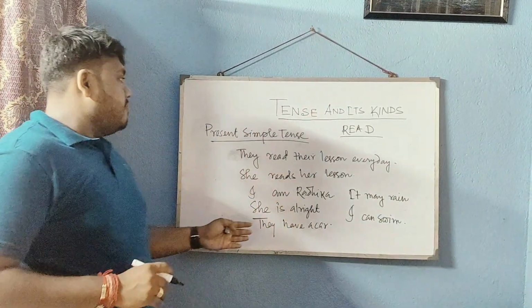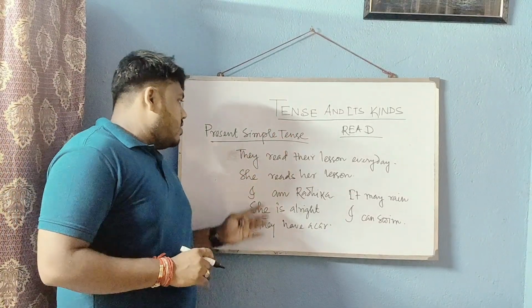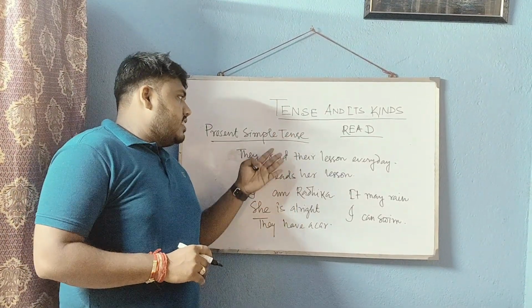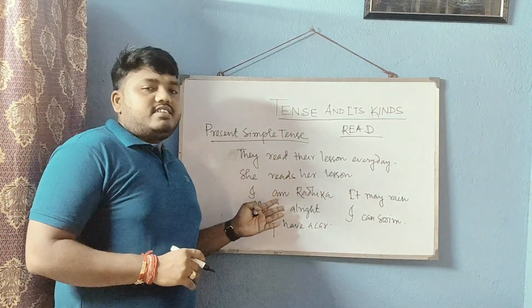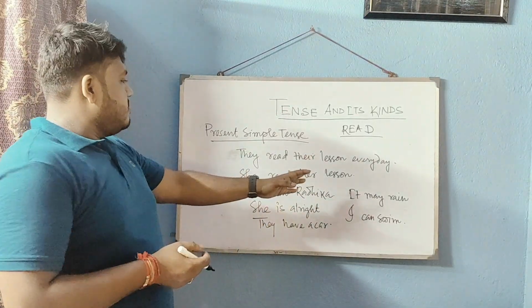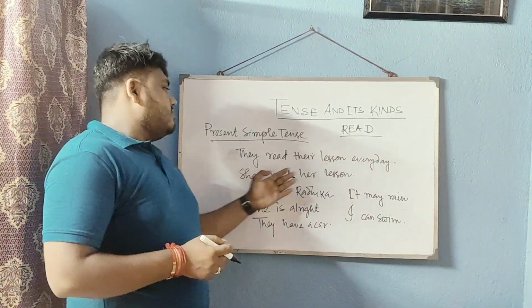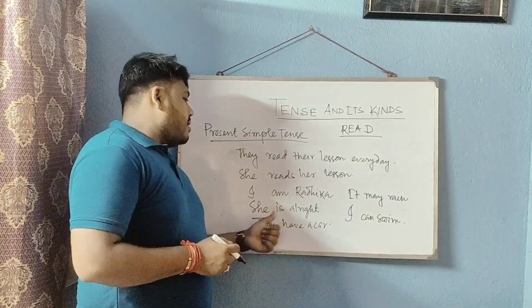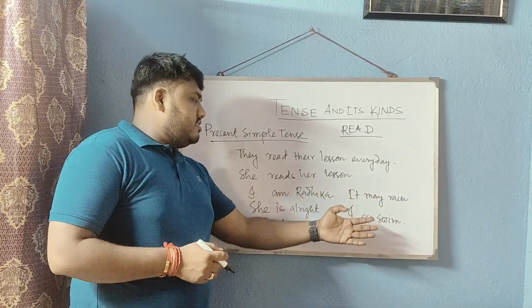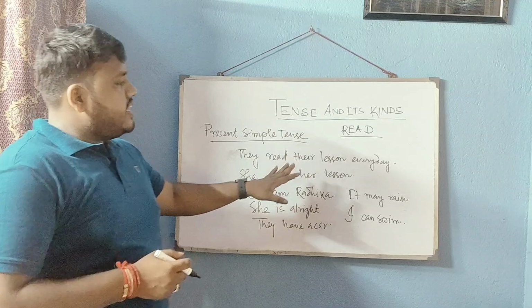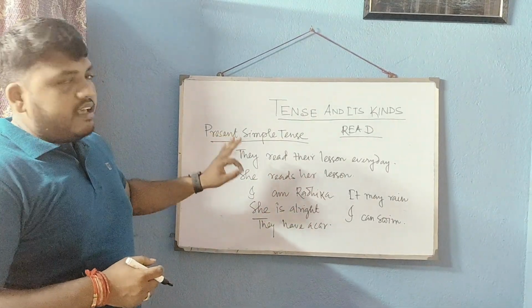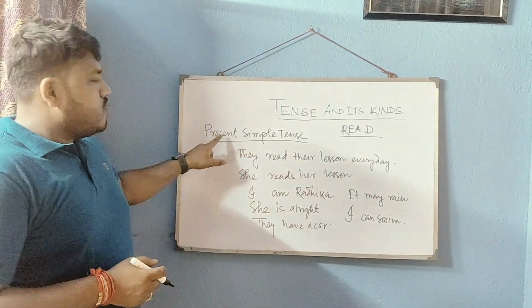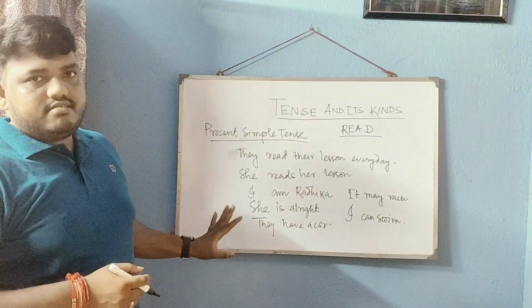These are all examples of present simple tense because all the actions are taking place in the present time. They read their lessons every day. She reads her lesson. I am Radhika. She is all right. They have a car. It may rain. I can swim. All the actions take place in the present time, so they are present simple tense.